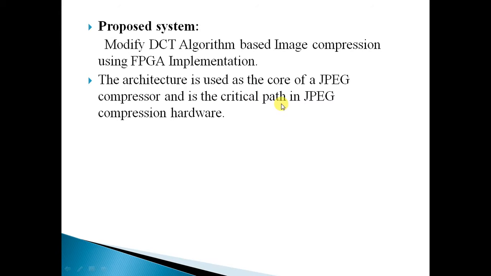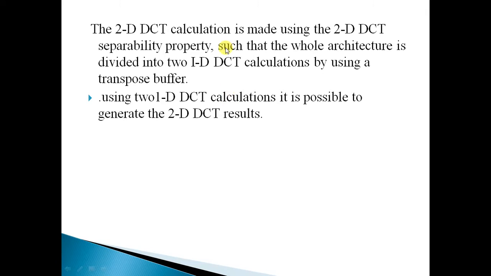This architecture is used as a core of the JPEG compressor and the critical path in JPEG compression hardware. The 2D DCT calculation is made using the 2D DCT separability property, where the whole architecture will be divided into two 1D DCT calculations by using a transpose buffer.